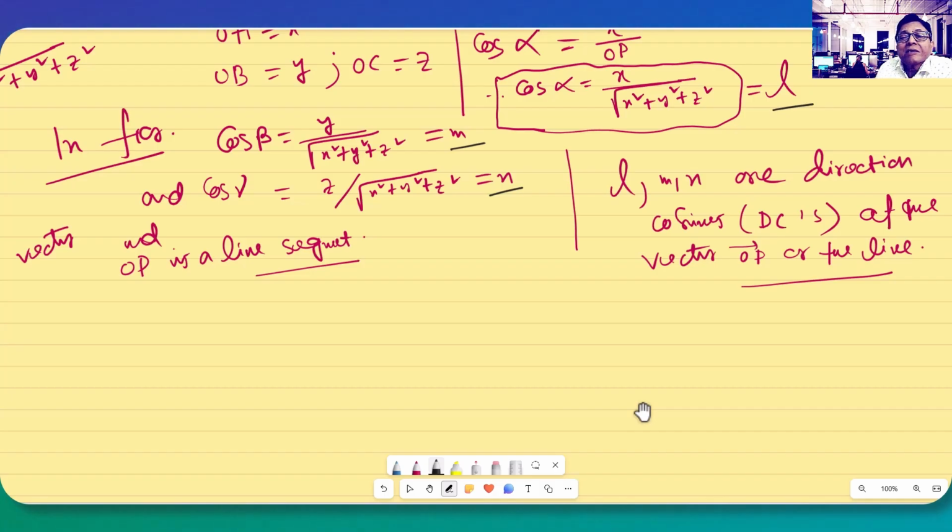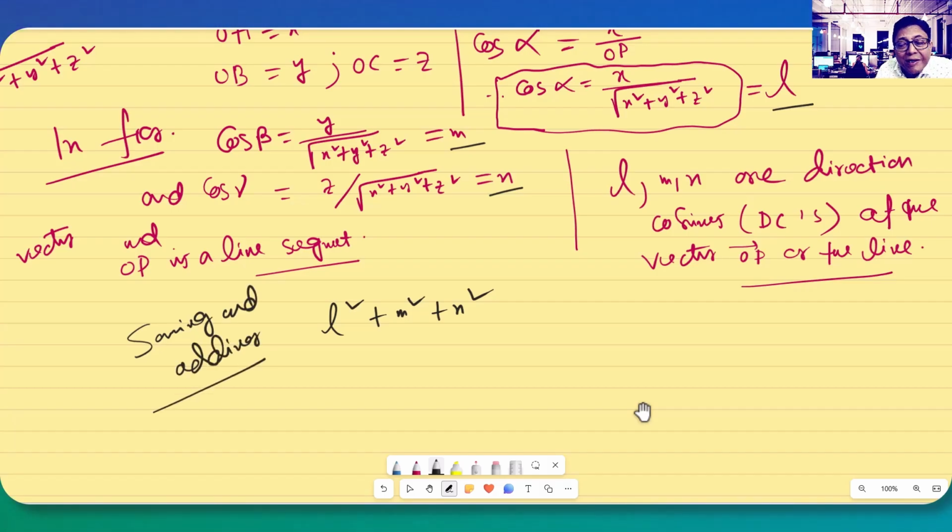So if we write L square, M square and N square and then add them, we get x square plus y square plus z square divided by x square plus y square plus z square, which is equal to 1.